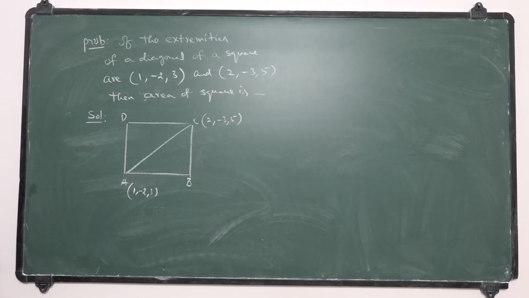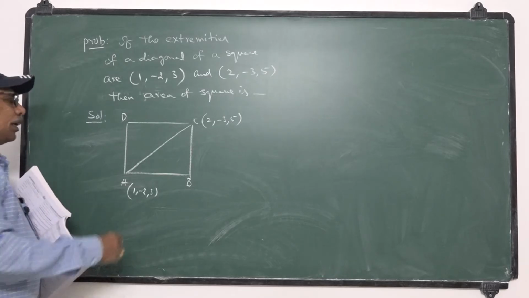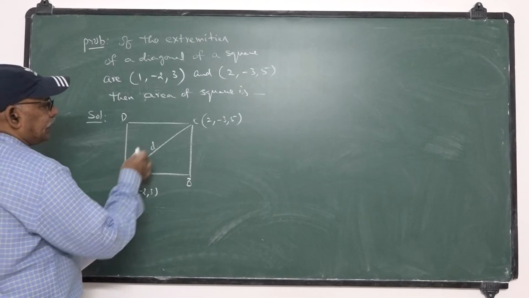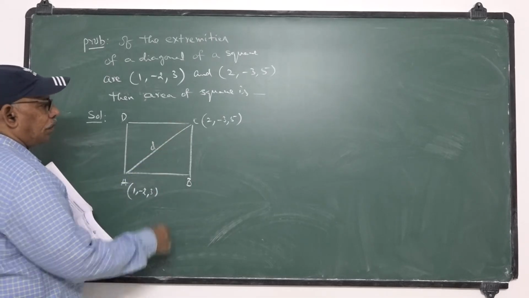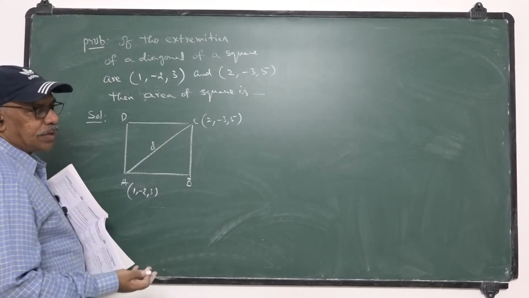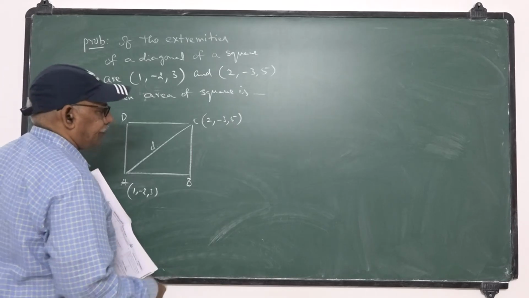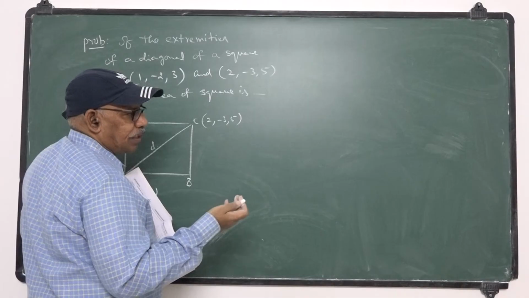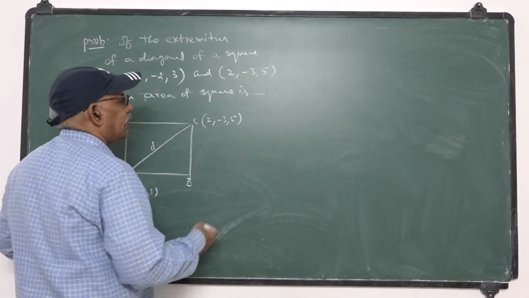Once AC is the diagonal of the square ABCD, then its area is D square by 2. That is the formula, where the diagonal length is D.